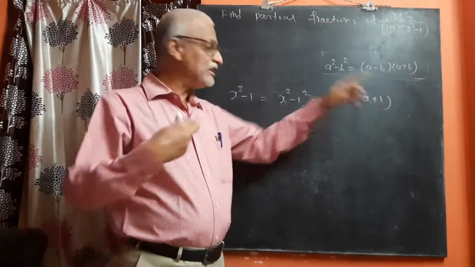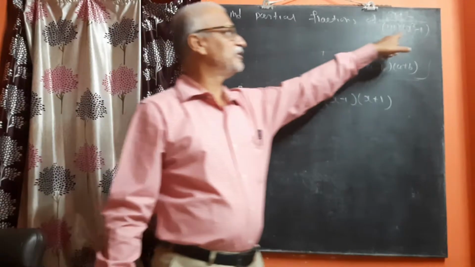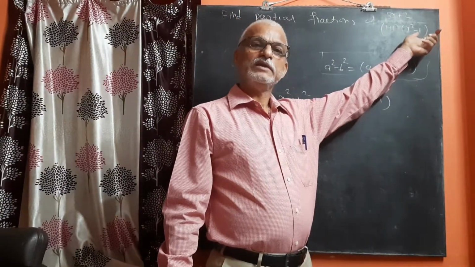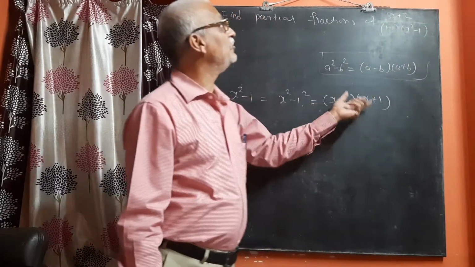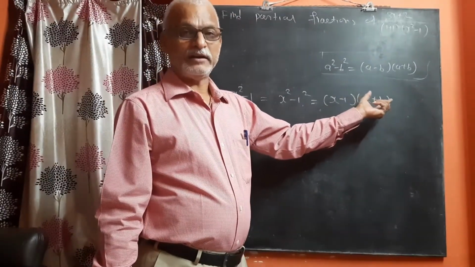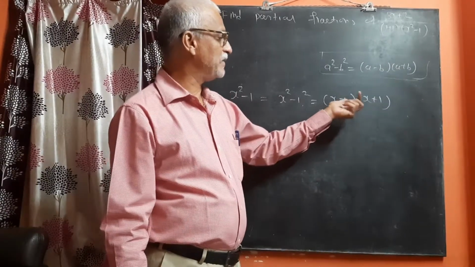Initially x square minus 1 which was given to you, it is a quadratic equation. We have reduced that quadratic equation into the linear factors. What are the linear factors? X minus 1 into x plus 1.